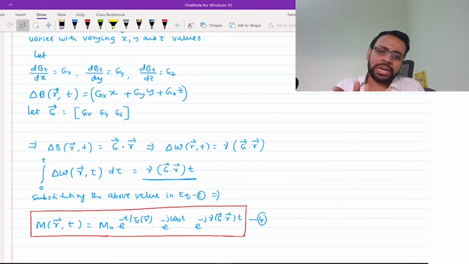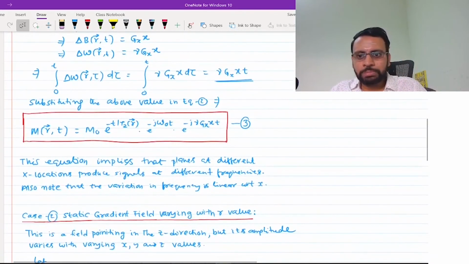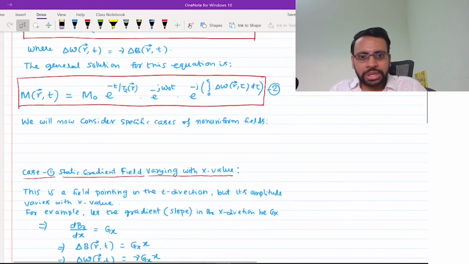Now once you know delta B, how do you get the delta omega? You simply multiply it with gamma. So delta omega of r bar comma t is gamma times g bar dot r bar. Now what do you need to do to compute the M bar value? Here you substitute this value. So delta omega in this place, gamma times g bar dot r bar, integrated with respect to time from 0 to t.